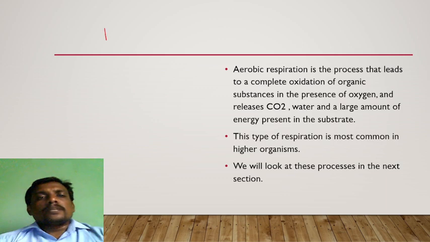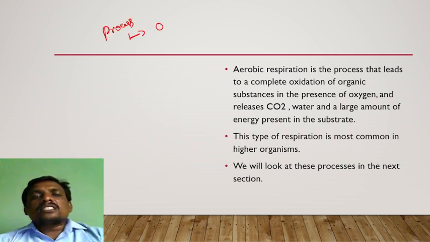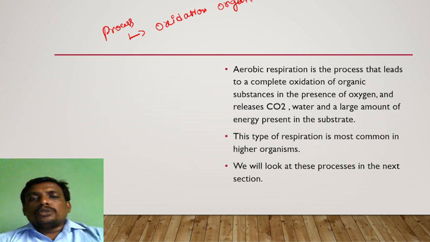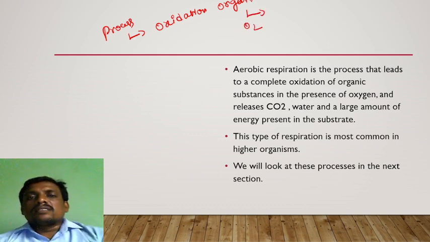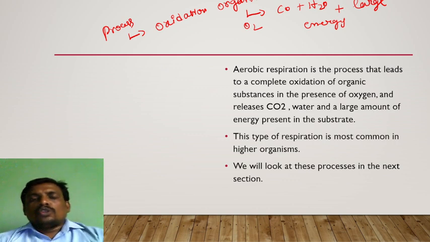Aerobic respiration is a process that leads to complete oxidation of organic substrates in the presence of oxygen, and releases CO2 plus water. A large amount of energy is produced during aerobic respiration.